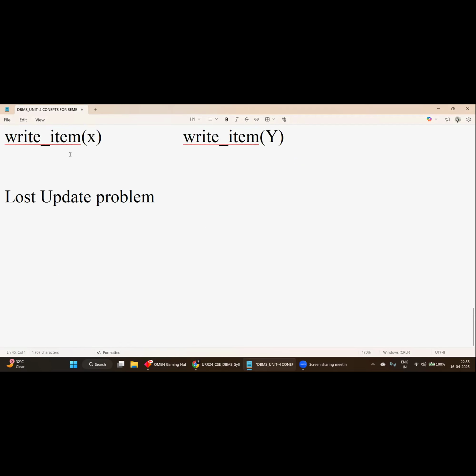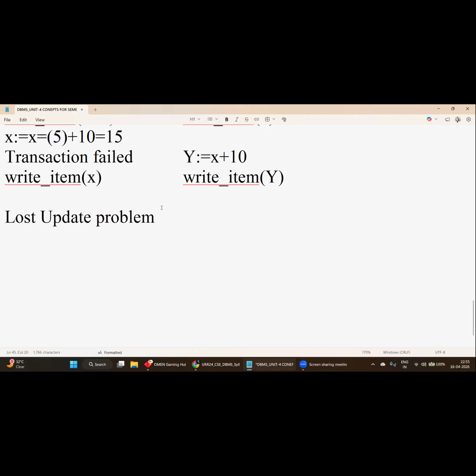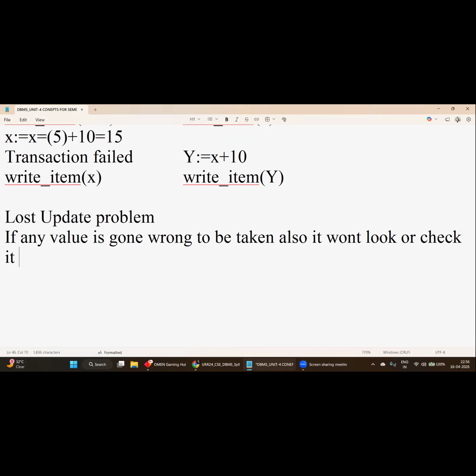And the lost update problem is if any value is gone wrong, it won't look or check. It simply takes the value.